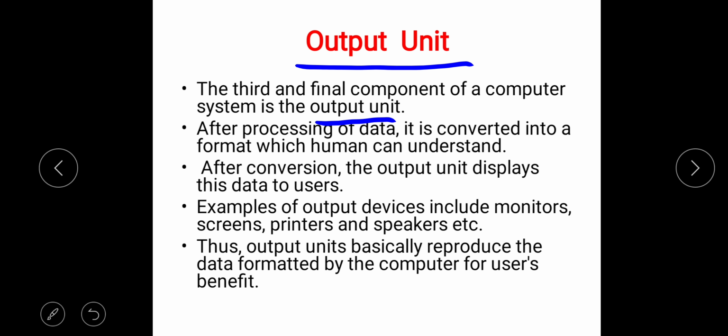If we want to listen to a song, we use a speaker. If we want to see the output of our program, we see the monitor, and if we want printed notes, we require a hard copy of it. So the output unit basically reproduces the data formatted by the computer for the users' benefit.